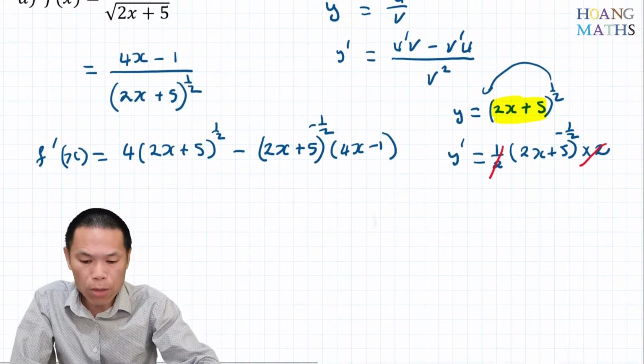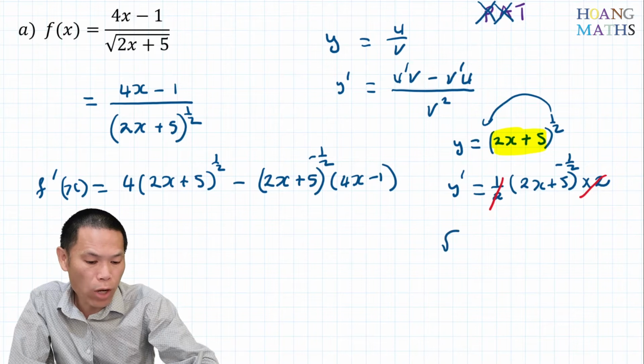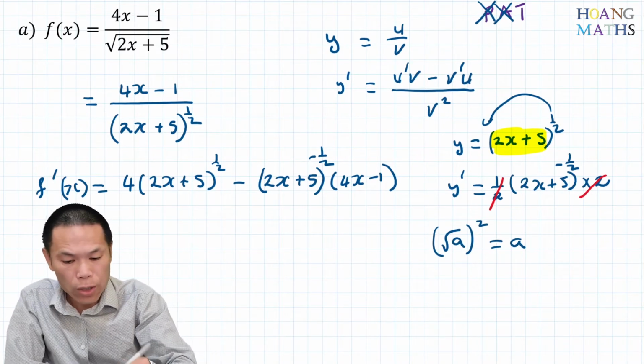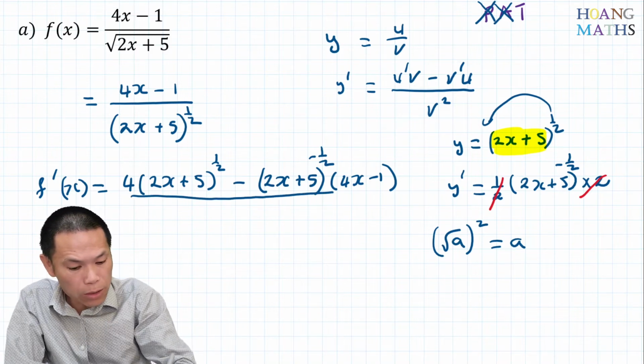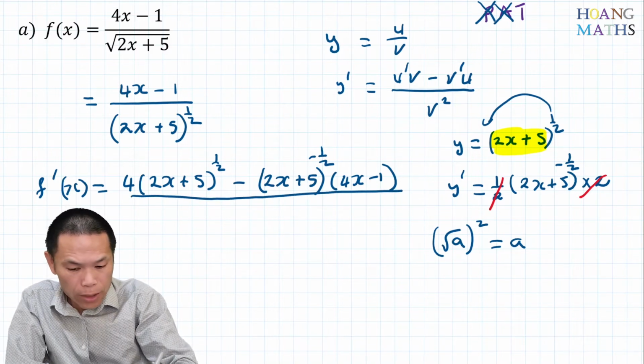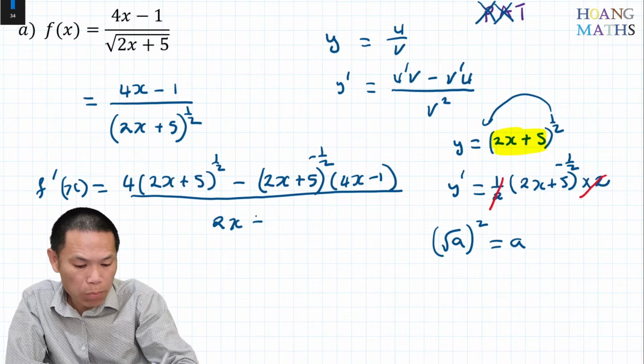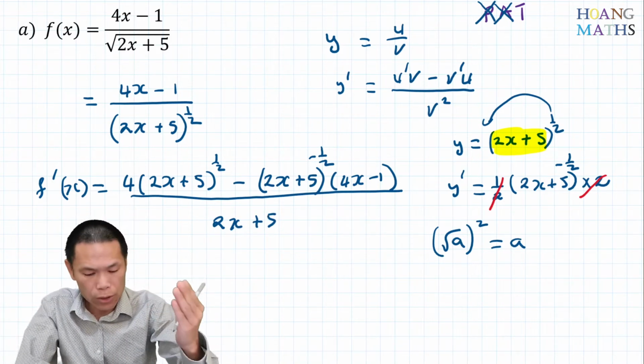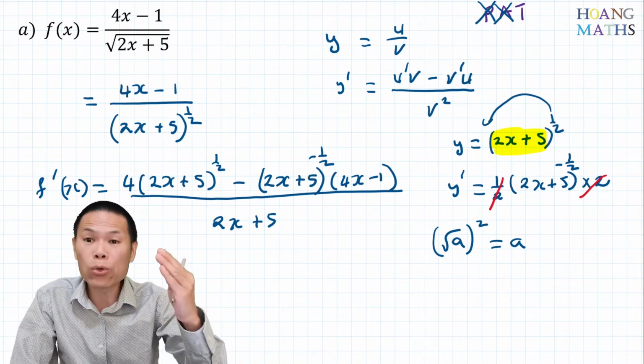So to get the bottom squared, remember the square root of a, squared, gives me a. So this will give me 2x plus 5, because square root squared is equal to itself. So like that. Now I simplify.